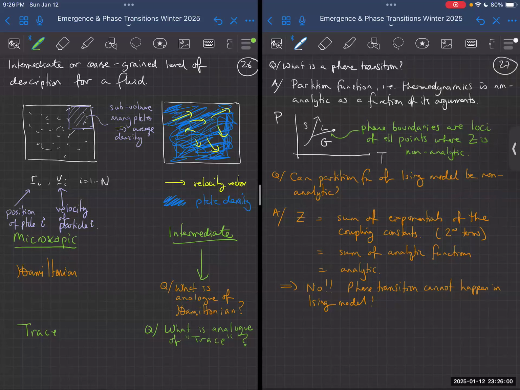So normally what we do is we have a problem, because we normally are dealing with very large systems. So normally we will calculate not the Helmholtz free energy itself, but the free energy per unit volume or per degree of freedom.